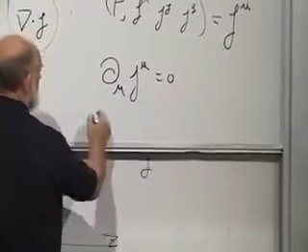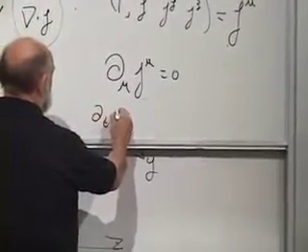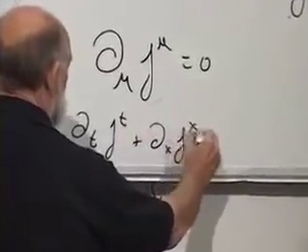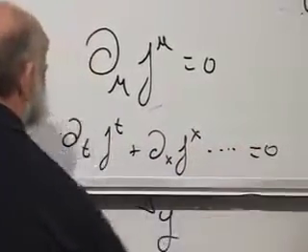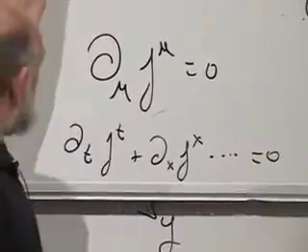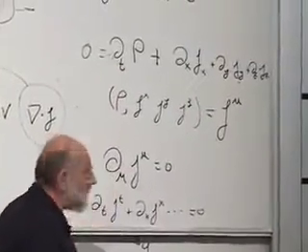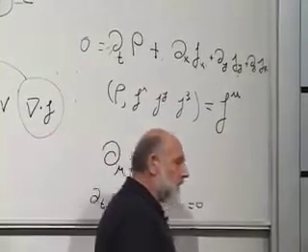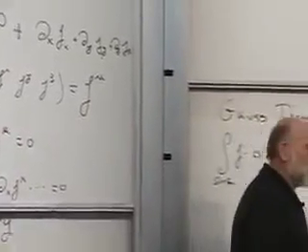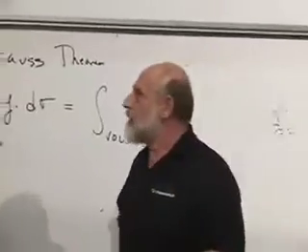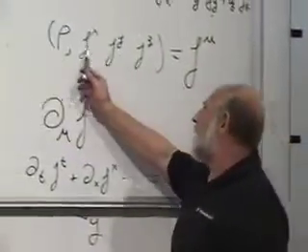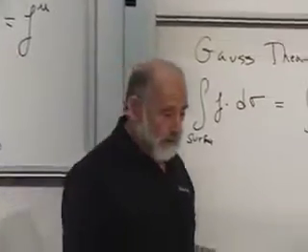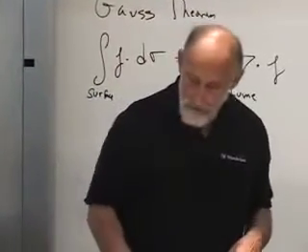What does that say? It says derivative with respect to t of jt plus derivative with respect to x of jx, and so on, is equal to 0, which is exactly what this says. So the way to make this continuity equation true in every frame of reference is to think of the four components of current and density as a four vector. That's not too surprising.